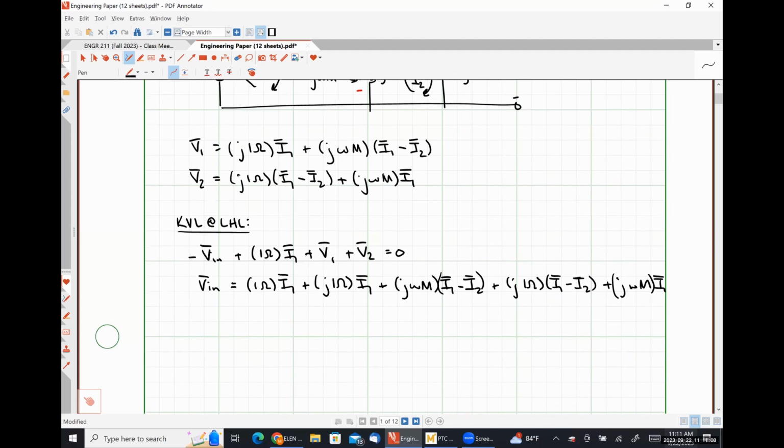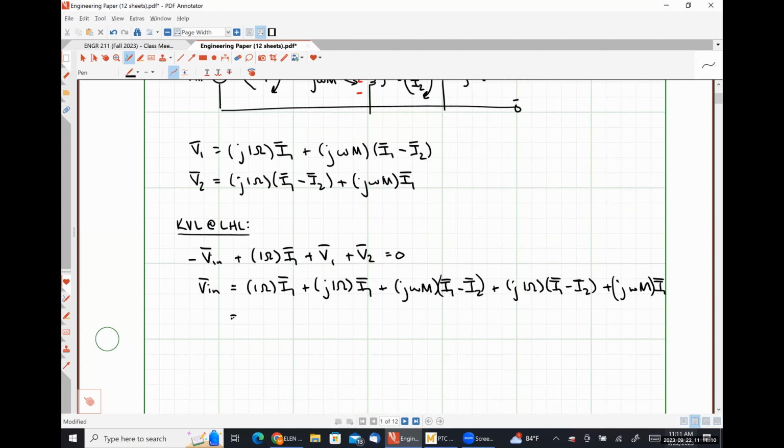And now I'm going to simplify this a little bit. So let's see, what do I have here that's being multiplied by I1? I have a factor of 1 ohm, and then an imaginary part.